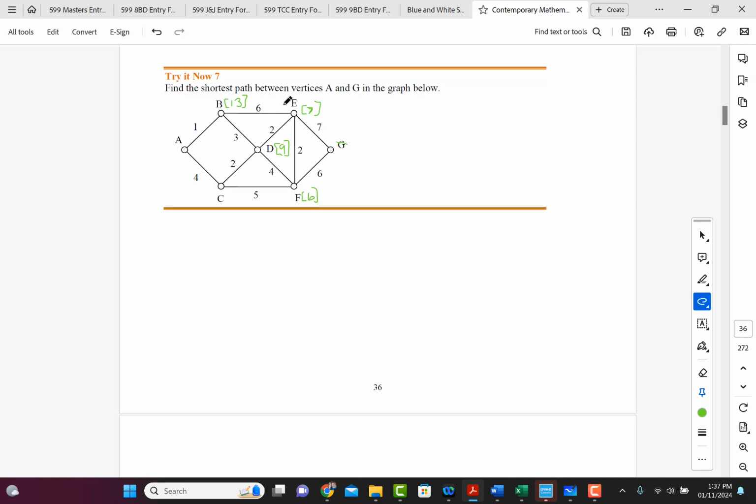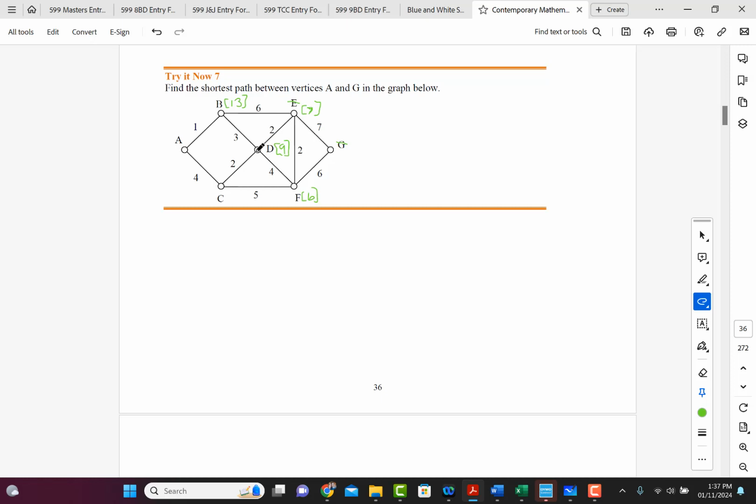Now E gets marked as visited. And now we take the smaller of the 3, which is going to be 6. So that's going to be F. So now we look at F as being current. And E's already been visited, so we're not going to do that one.